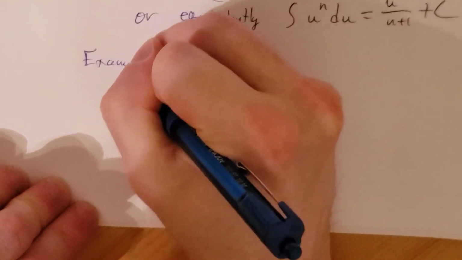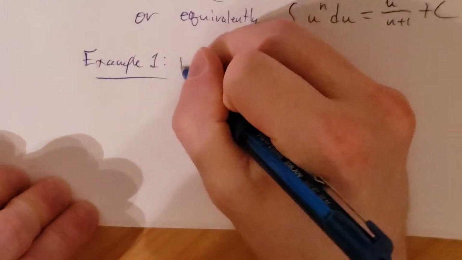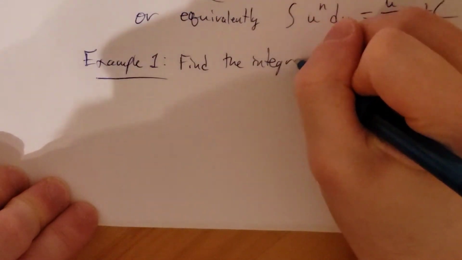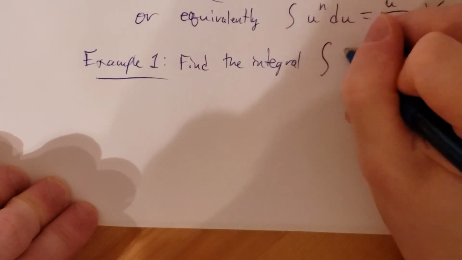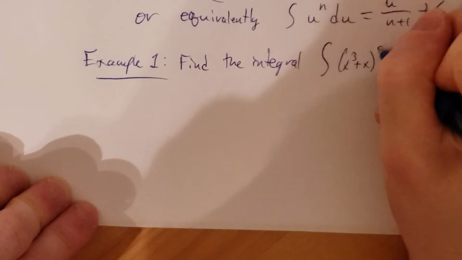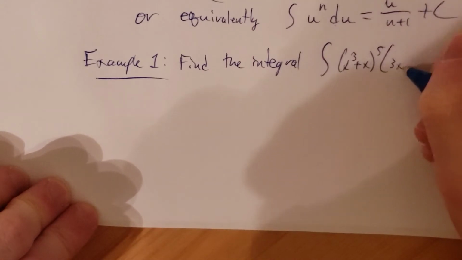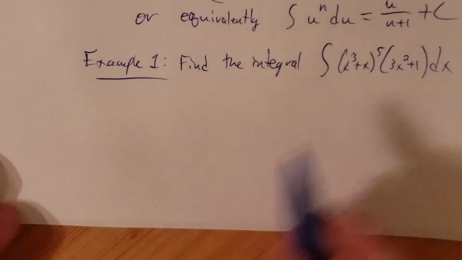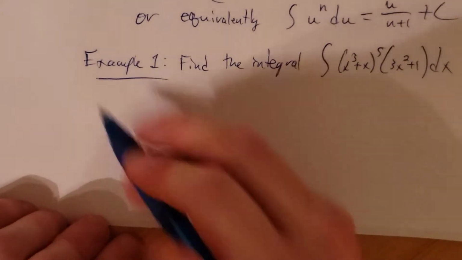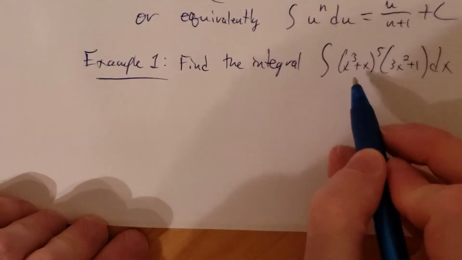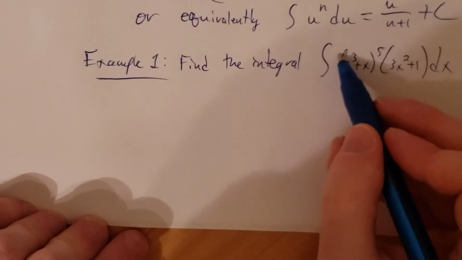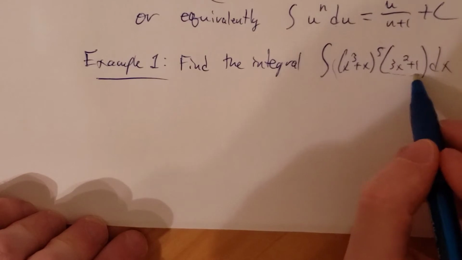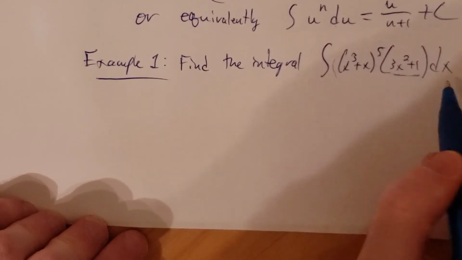And that example is to find the integral of x cubed plus x, all raised to the fifth, times 3x squared plus 1 dx. We want to solve this integral. The first thing you want to do is notice that here we have a function raised to the fifth power, and then we have the derivative of that function outside of that.